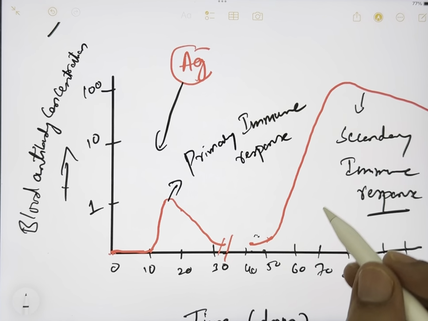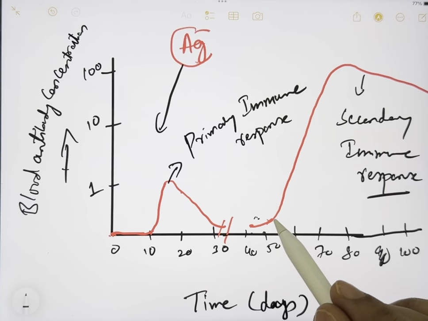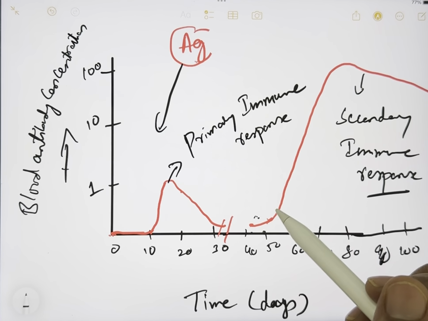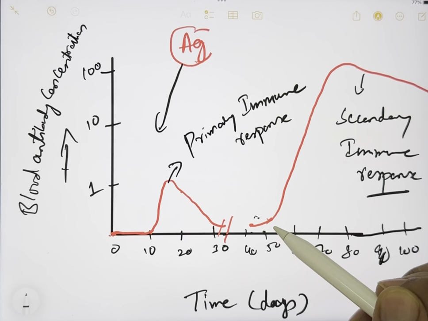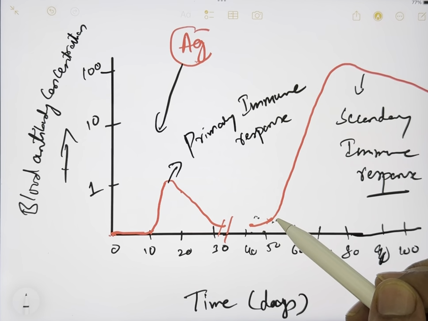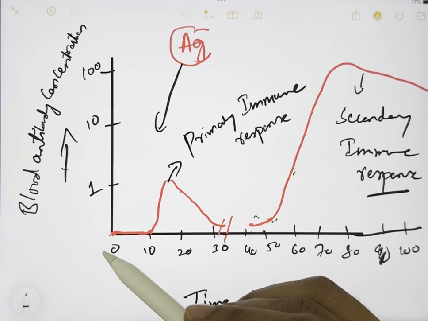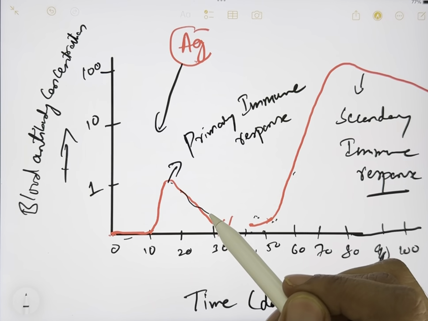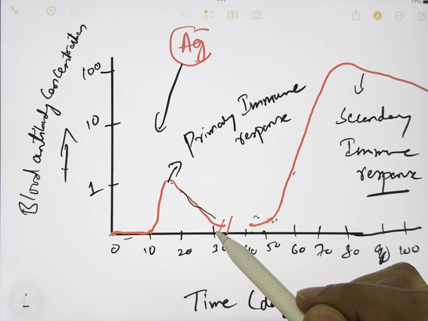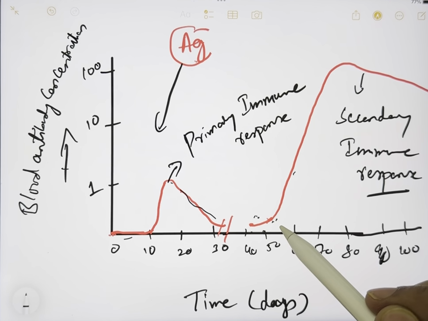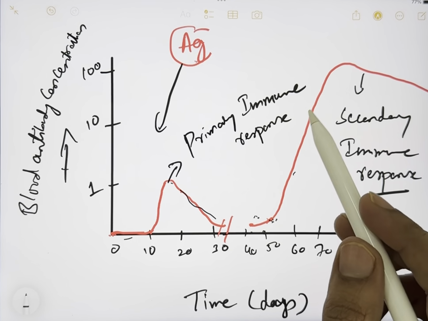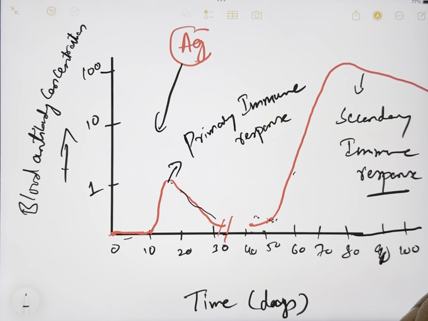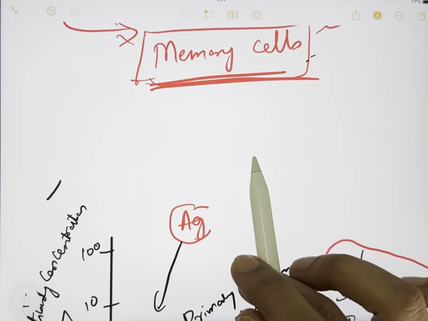During the second time, the response will be more because preformed memory B cells will be there, and they will form more antibodies. Initially they have to be activated, and the newly formed activated B cells will form antibodies. Here the activated B lymphocytes are already there, and they will give a bigger response for a longer duration. So this is the secondary immune response and it is due to memory cells.